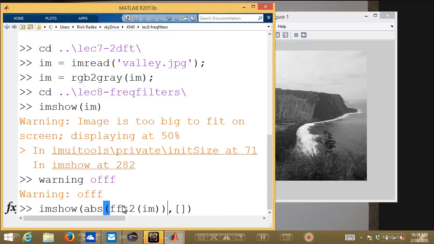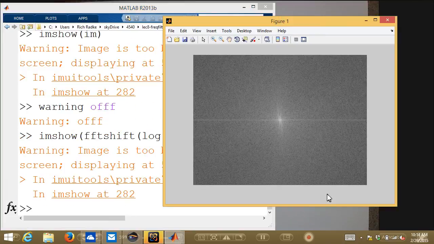And since it's got a very big value at DC, which is the sum of the image intensities, I take the log of that to make it a little easier to visualize. And since the lowest frequency is in the upper left-hand corner, I do this FFT shift to make the middle frequencies look like low frequencies. So here is the Fourier transform of that image, right?